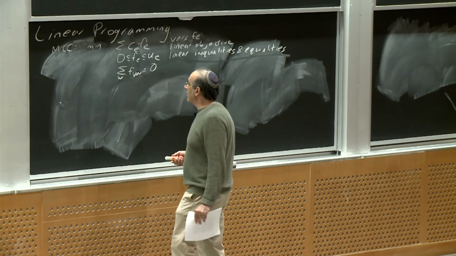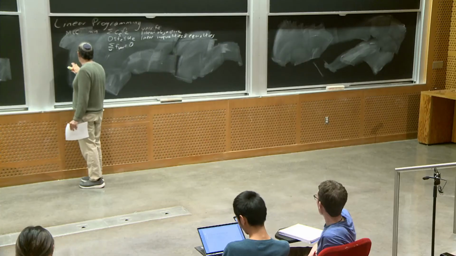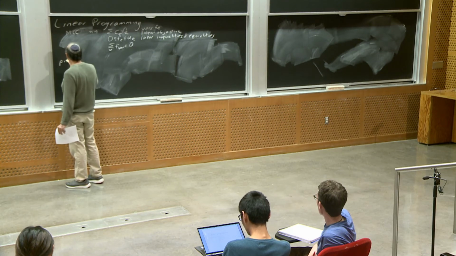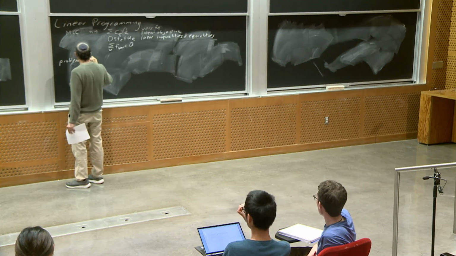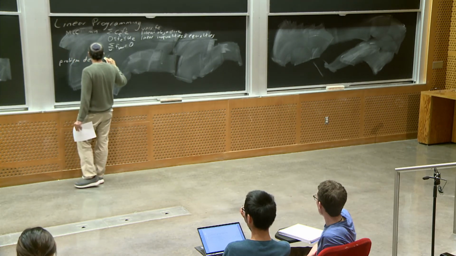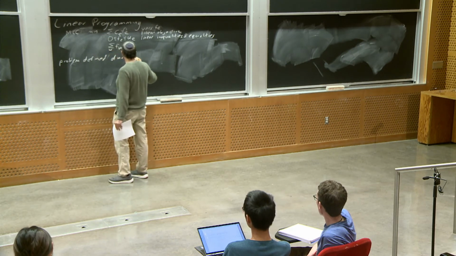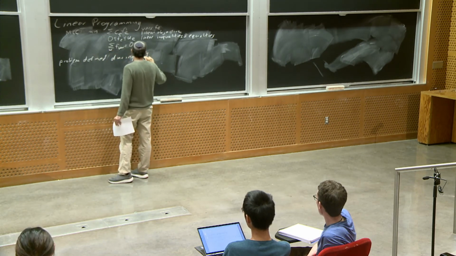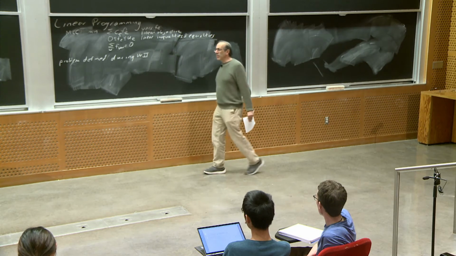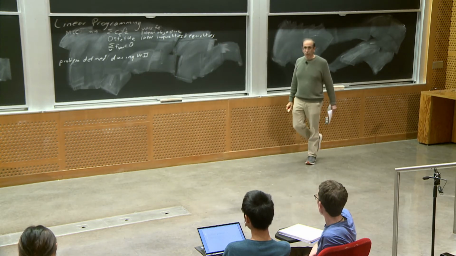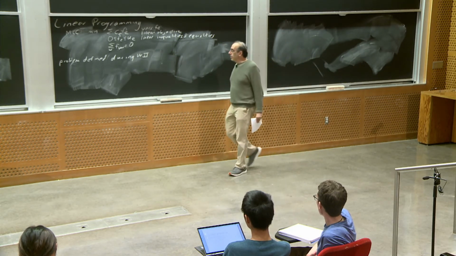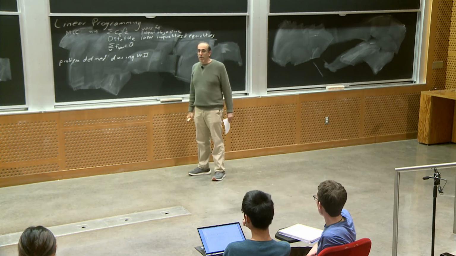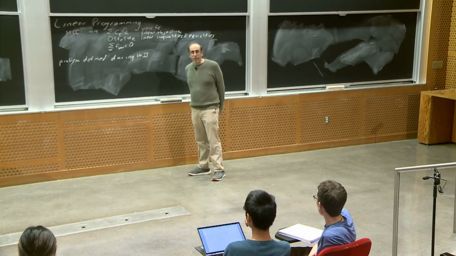Now, linear programming, this problem was defined during World War II. I don't think it was explicitly named before World War II, but in World War II, the war effort involved a lot of logistics problems, right?